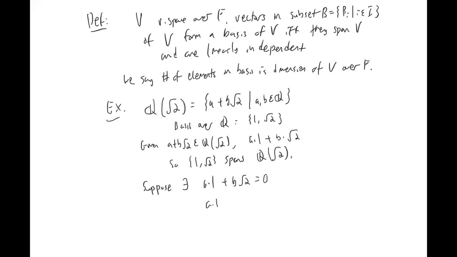On one hand, this is A plus B root 2, and this is 0 plus 0 root 2. So matching these coefficients, B must be 0. Matching these, A must be 0. So it's linearly independent, right?